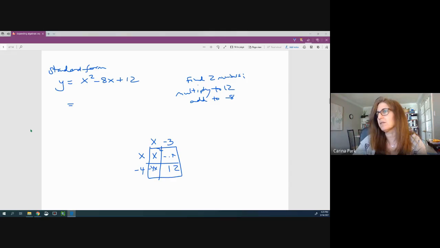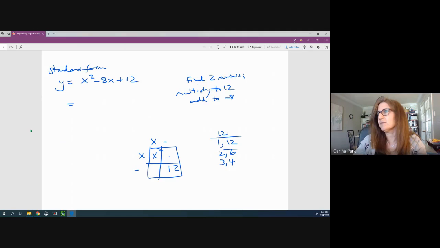So what else could we put in here? All right, so we're just trying whatever combinations we need to try. It turns out that if we go through what divides into 12, we can list the possibilities. So we have 1 and 12, 2 and 6, 3 and 4, and that's all. So we need a combination that adds up to negative 8.